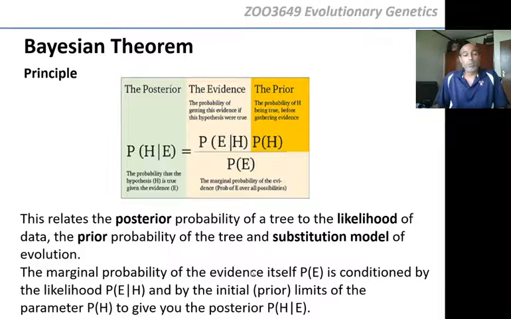The marginal probability of the evidence itself, P(E), is conditioned by the likelihood and by the initial prior of the parameter P(H) to give you the posterior. So we condition everything on the total evidence. The marginal probability of the data has to be divided by, but don't worry about that.